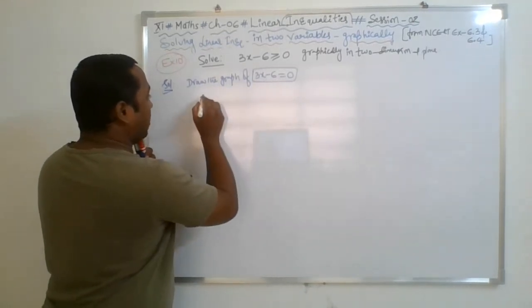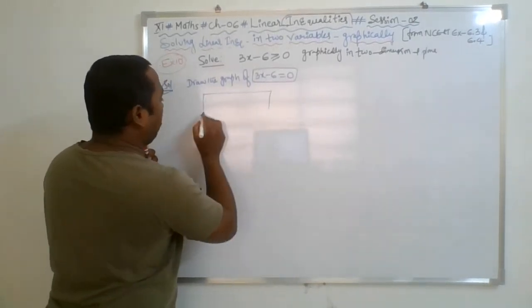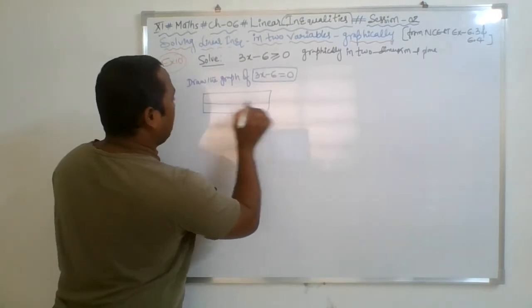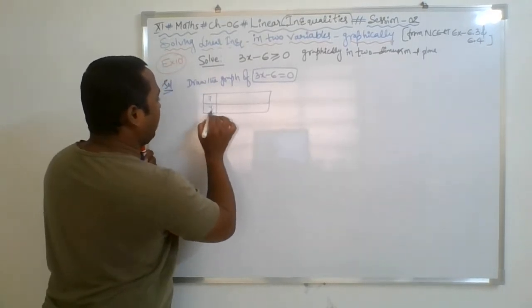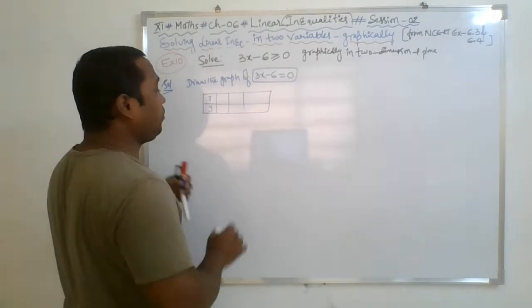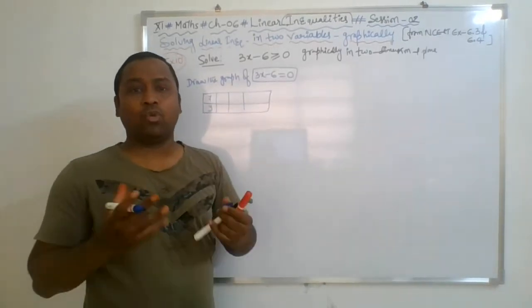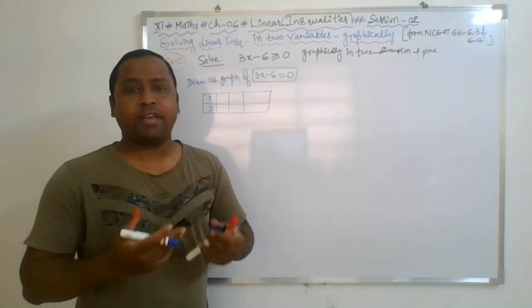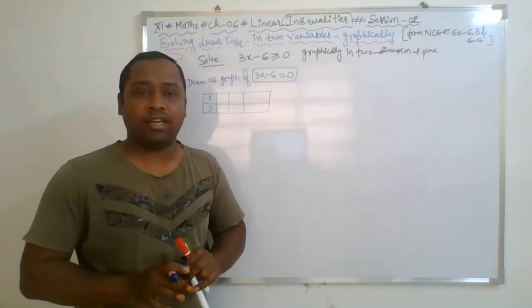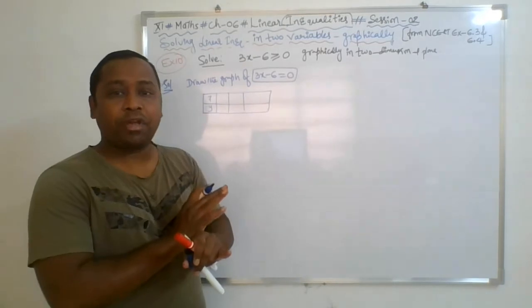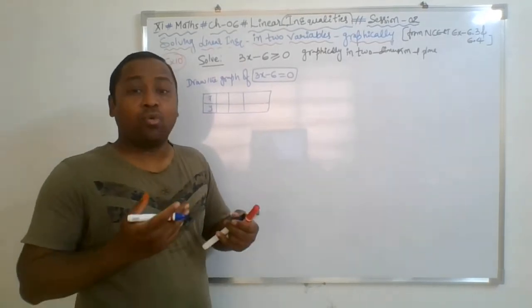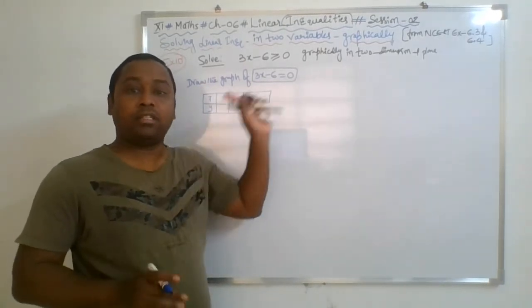Since here there is no y at all, very importantly, in this equation there is no y. It means there is no effect of y. Whatever value of y you put, there will be no effect on this equation.